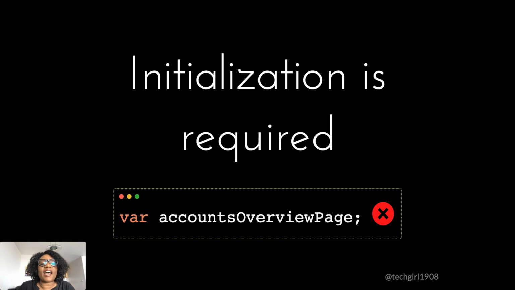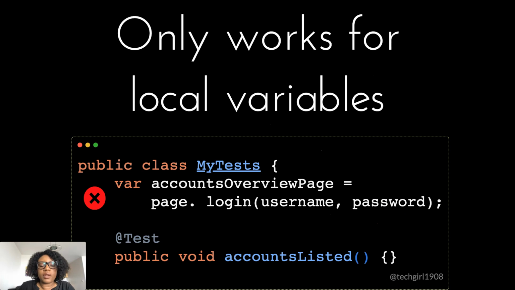Otherwise, Java's not going to be able to infer what its type is. Also, it only works for local variables. You can use this inside of methods, loops, decision structures, but you cannot use this for global variables, even if you are initializing them.